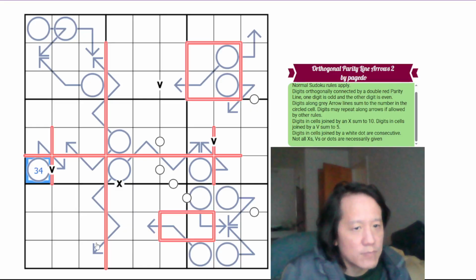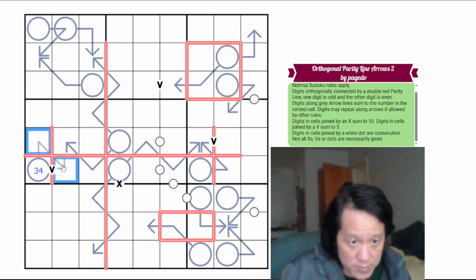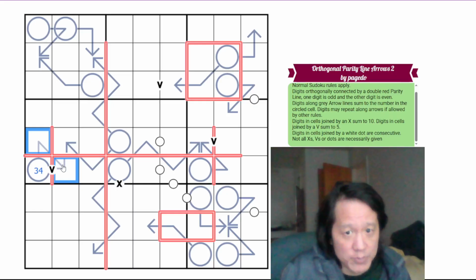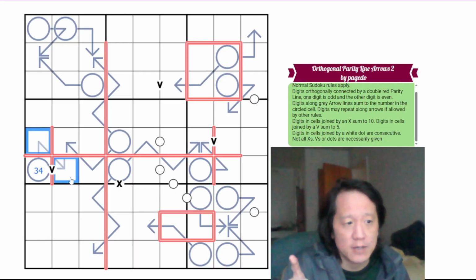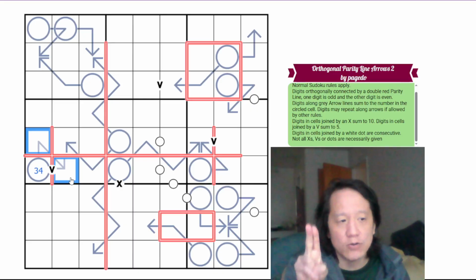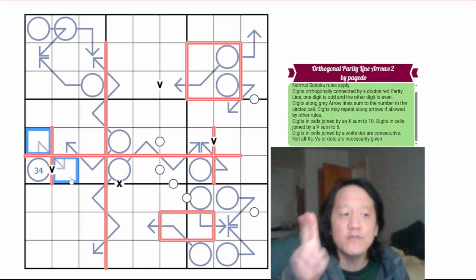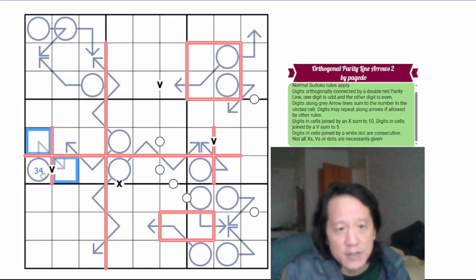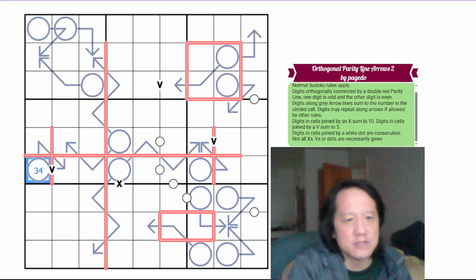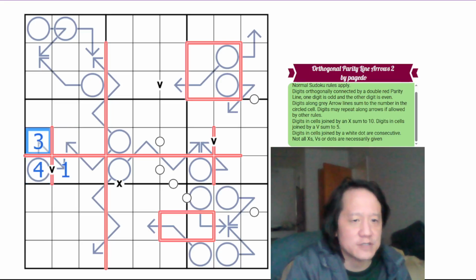But this is the opposite parity of both of these cells. So these cells must be the same parity. Well, if you have two odds added together, you'll get an even digit. If you have two evens added together, you'll get an even digit. So this must be an even digit, which makes this a 4. This is 1, and this is 3 to add up to 4.